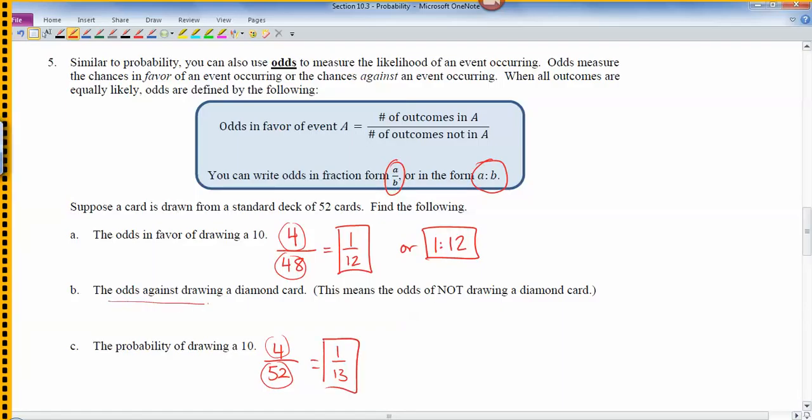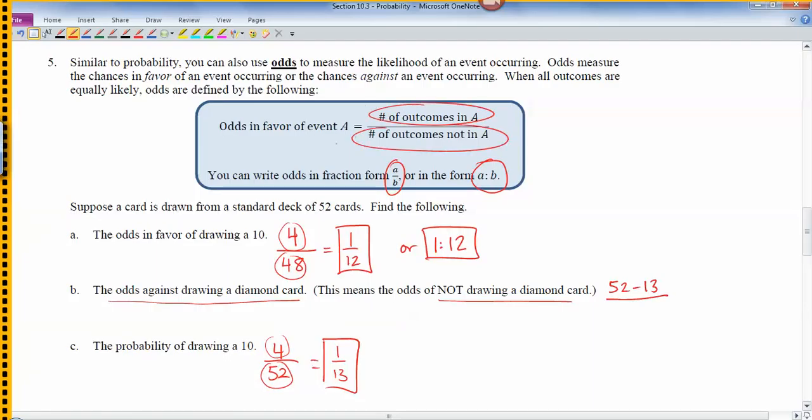This one says the odds against drawing a diamond card. So that actually means the odds in favor of drawing anything but a diamond card. So how many non-diamonds are there? Well, there's 52 minus 13 non-diamonds. So it's the odds of drawing a non-diamond, which means non-diamonds over diamonds.